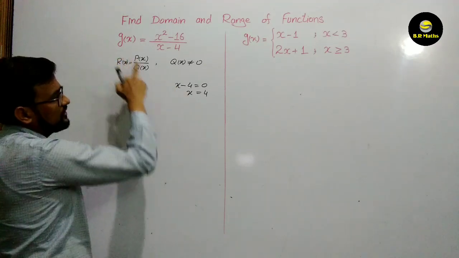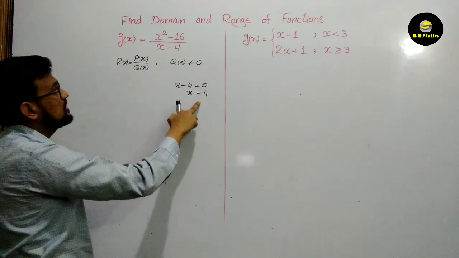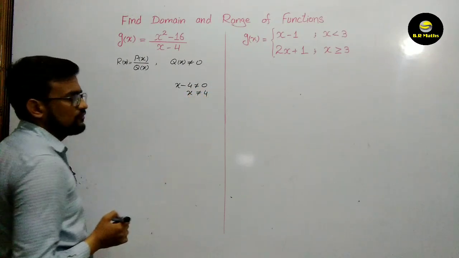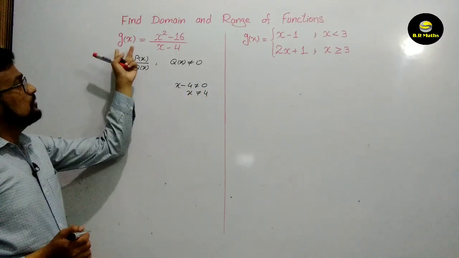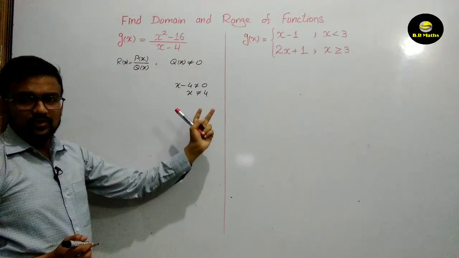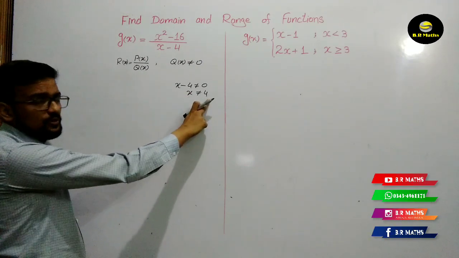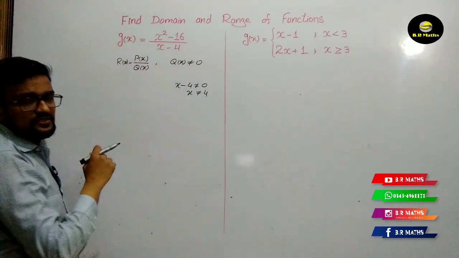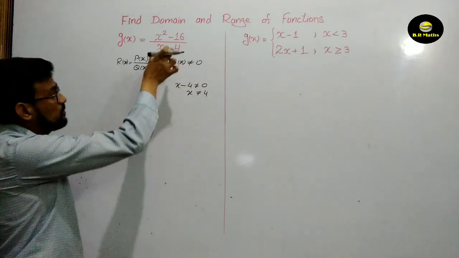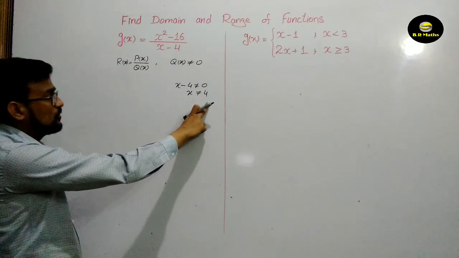Students, if x minus 4 equals 0, then x is equal to 4, so x is not equal to 4. If you put the value of x as 4, then the function g of x becomes undefined. Therefore x is not in the domain.